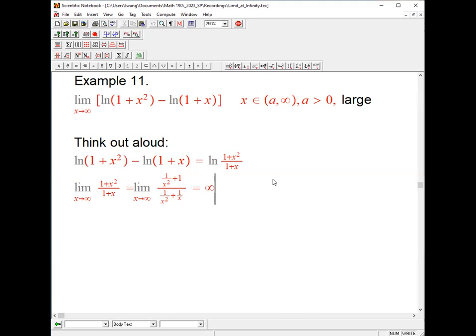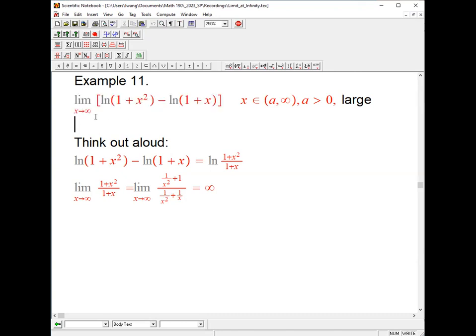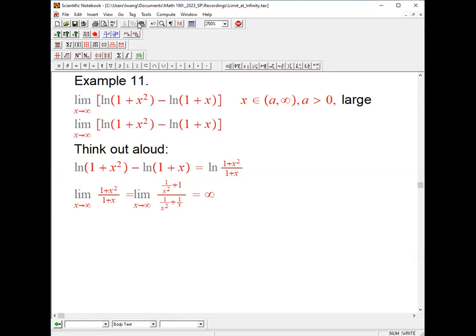You cannot bring the limit inside. So when you assess the inside limit, as x approaches infinity, ln x also approaches infinity. So the final answer for this one is that the limit doesn't exist and the limit is positive infinity.